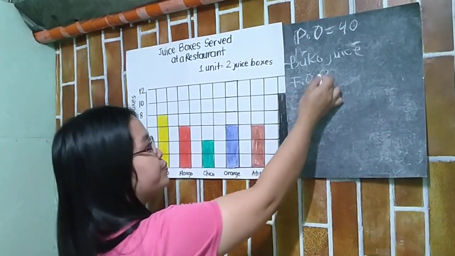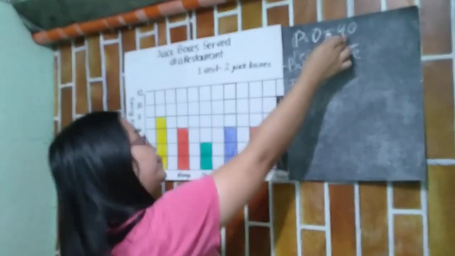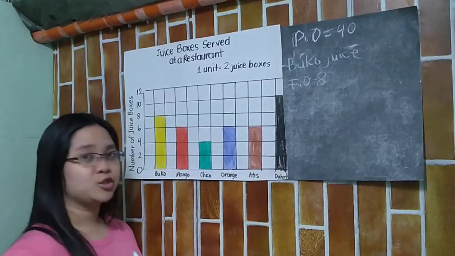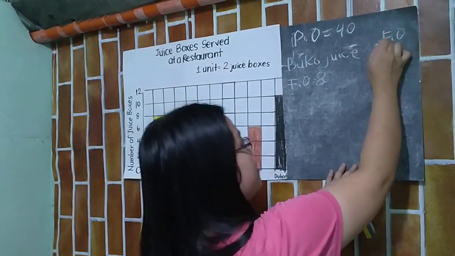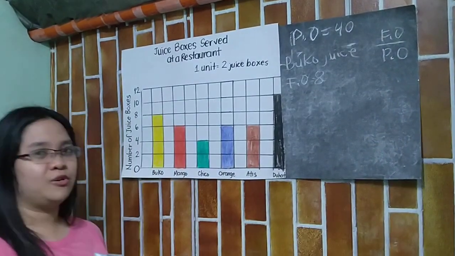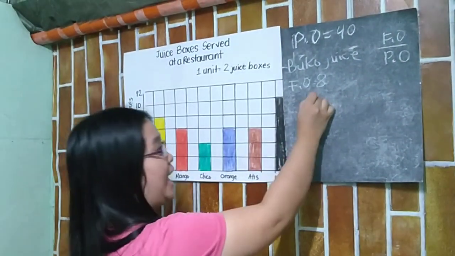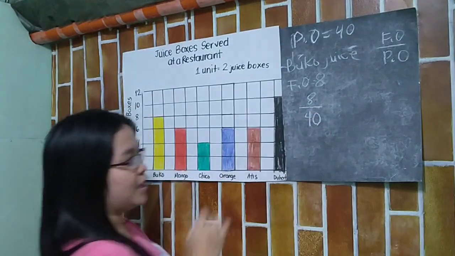Okay? So in showing the probability in numbers, we have to write this one in fraction form following the formula number of favorable outcome over the number of possible outcomes. So that will be 8 over 40. Are you following?